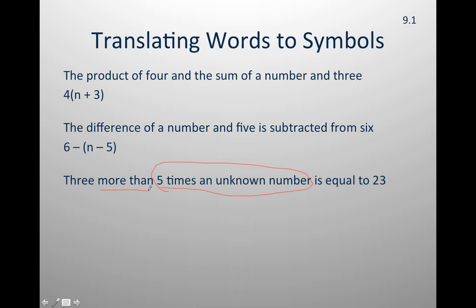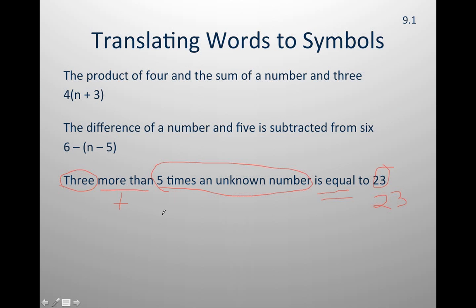The word more than means to add. Okay. That word means equal. Is and equal, they mean the same thing. And then so we got 23 here. Okay, so this is a breakdown on it. Now we could get away with saying 3 plus 5n, or we could say 5n plus 3 equals 23. So we can get away with either one.